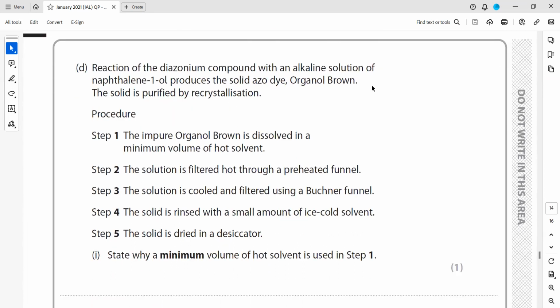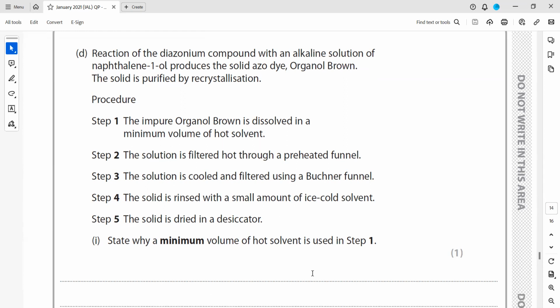The reaction of the diazonium compound with alkaline solution produces a solid azo dye. The impure Orange brown is dissolved in a minimum volume of hot solvent. Why do we use a minimum volume of hot solvent? The main reason is to make a saturated solution.